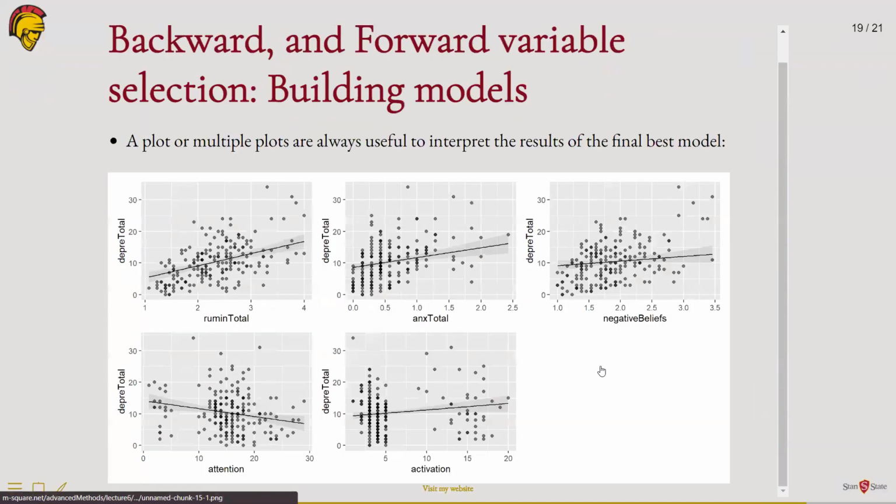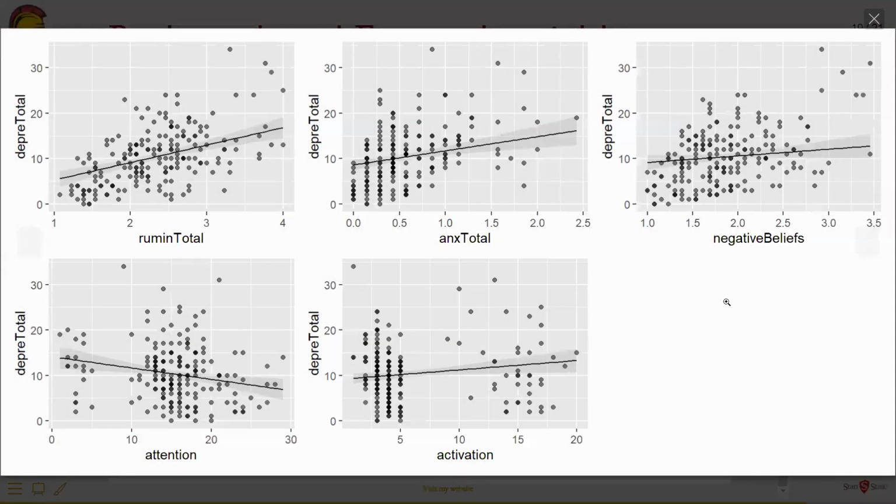And these are the marginal effects of each variable on depression, right? You can see that rumination, as we saw in the numbers, has a steep relationship. The more you ruminate, the more you get depressed. In anxiety it is the same, right? The larger your score in anxiety, the larger the score in depression.